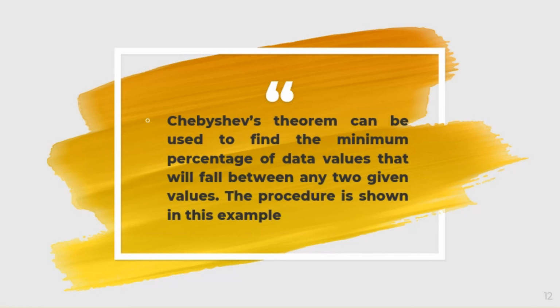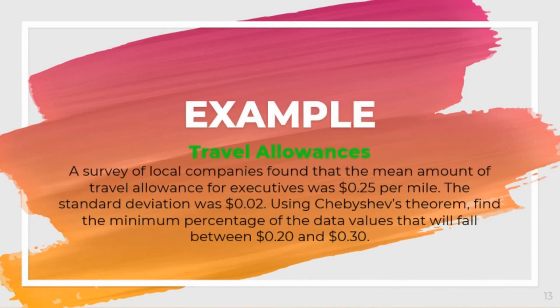Chebyshev's theorem can be used to find the minimum percentage of data values that will fall between any 2 given values. The procedure is shown in this example. Travel allowances. A survey of local companies found that the mean amount of travel allowance for executives was $0.25 per mile.